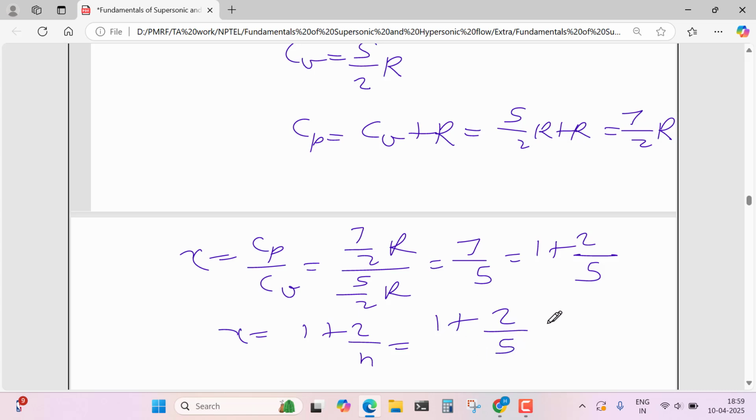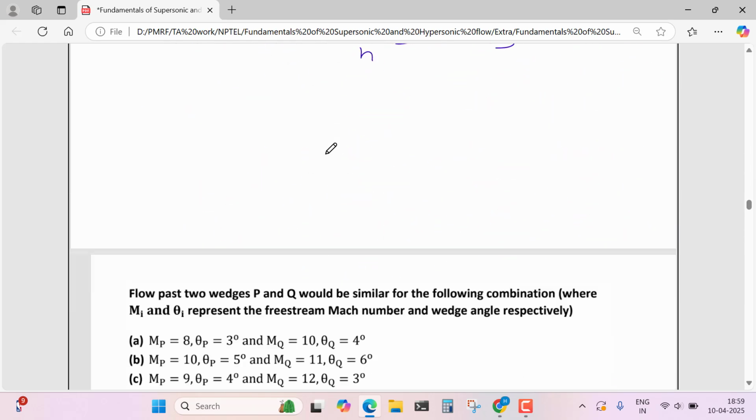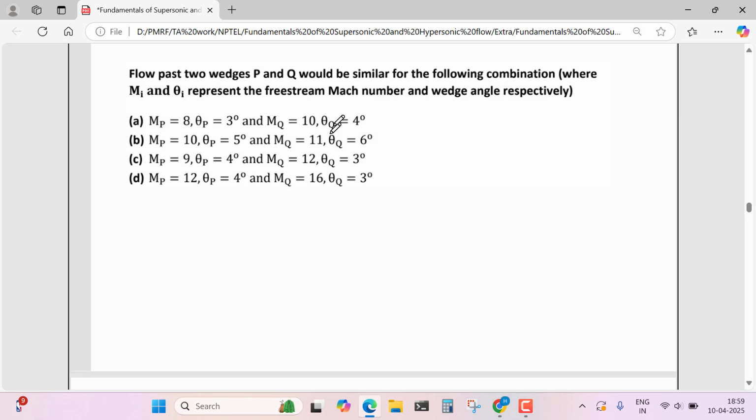If you solve this, you will get n equal to 5. So 5 will be the degree of freedom, which is option B. Now let's see the next problem.